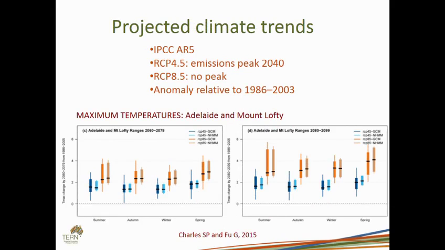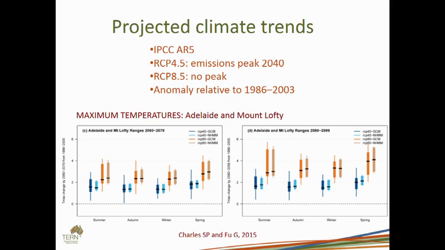Looking at the latest projections for South Australia, where we're heading with climate change, here we've got temperature, an example, downscaled projections for the Adelaide Mount Lofty region. Depending on if or when emissions peak, we've got a couple of different models there, for 2080 and by 2100.